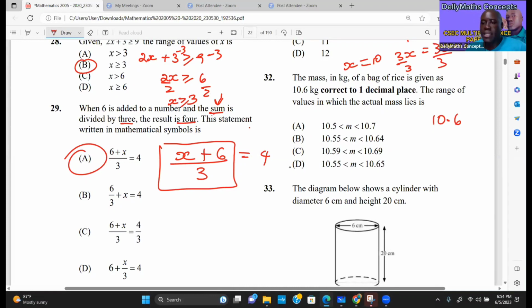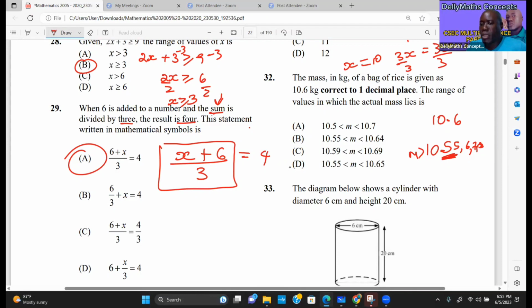If I get 10.6 when I round it off, my answer might have been 10.55, and going up 10.56, 10.57, 10.58. So anything greater than 10.55. M must be greater than or equal to 10.55.